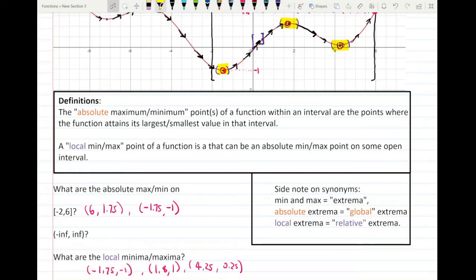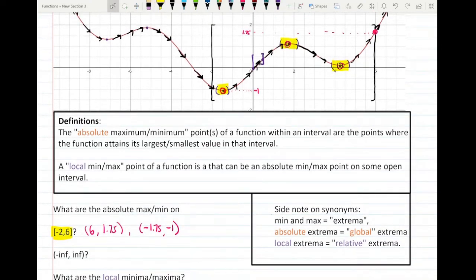Now, if we're talking beyond that little portion of the hike that your friend was describing, minus 2 to 6, and start talking about the entire hike, which we think of as going from minus infinity to infinity, our minimum point doesn't change. The bottom of the hike is still that bottom of the deep, deep valley at minus 1.75, minus 1.